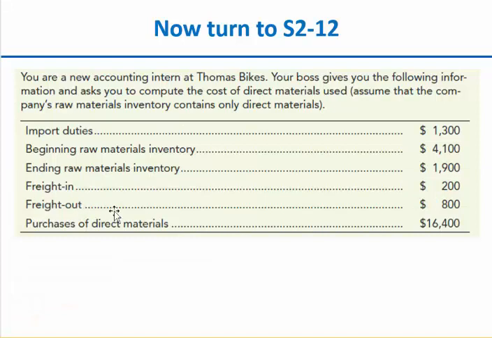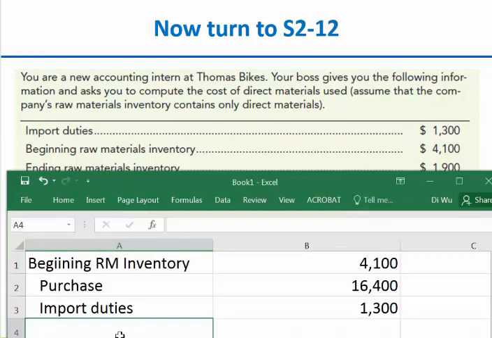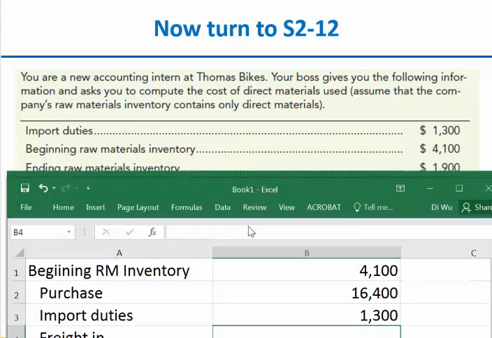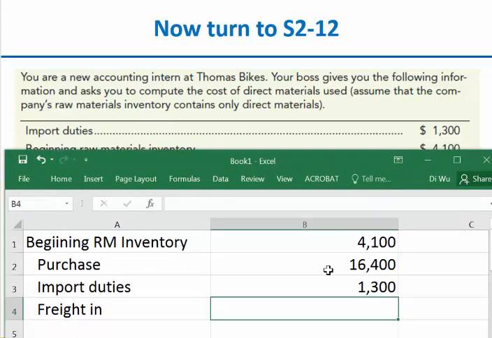And also I wonder, do I have any freighting? Don't put freight out, because freight out is not part of your cost of getting your raw materials ready for manufacturing, so that's not something you want to include. Only freighting. So we're going to put freighting, which is 200.